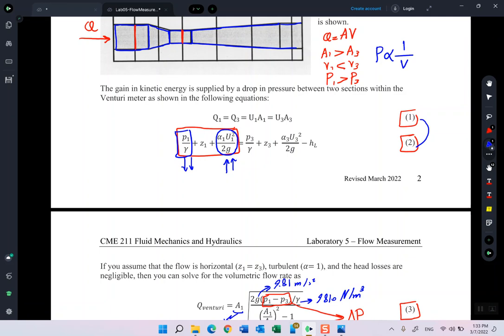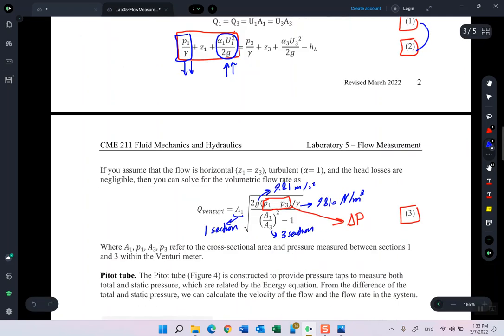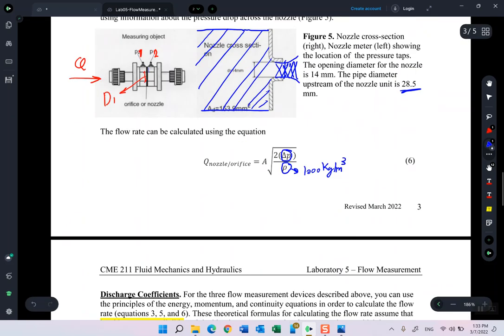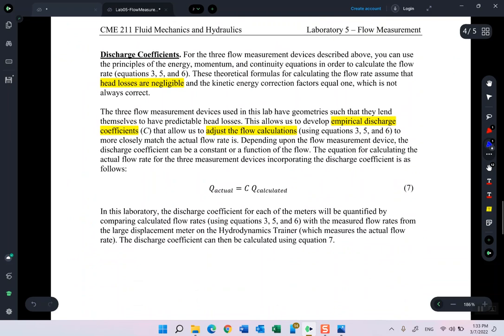So that's why at the beginning of this lab, I told you that you are going to use the energy equation to measure the flow rate, because this is the main concept, or the main principle behind the experiment. Questions? Everything is clear?